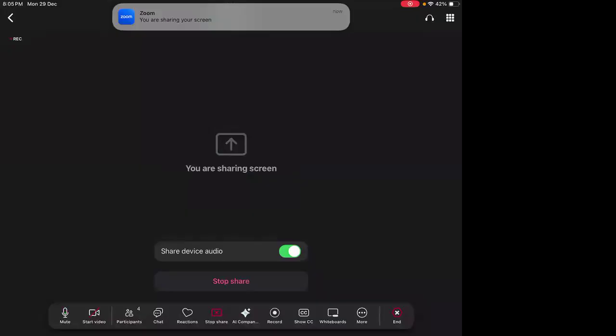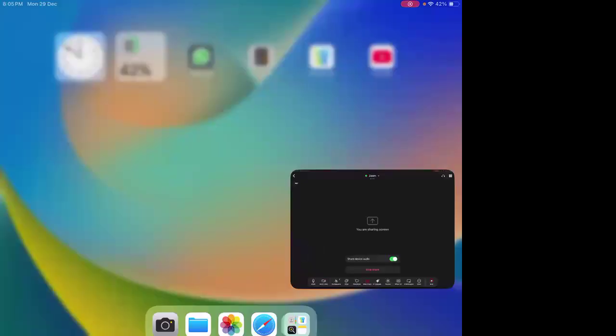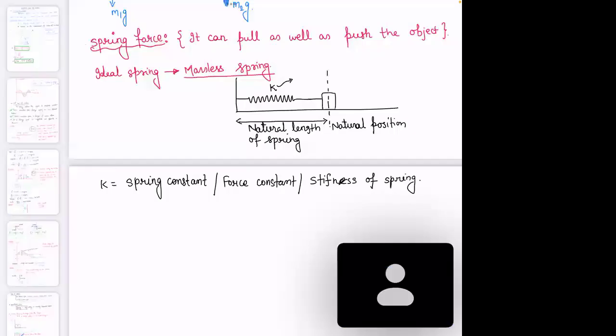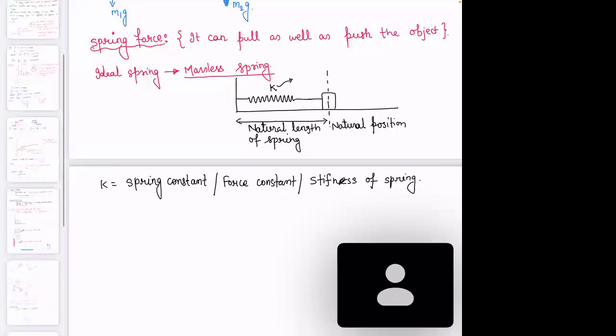And we have to discuss the spring force now. Everyone, please tell me, understood up to the tension force? The tension force is what? Pulling in nature.